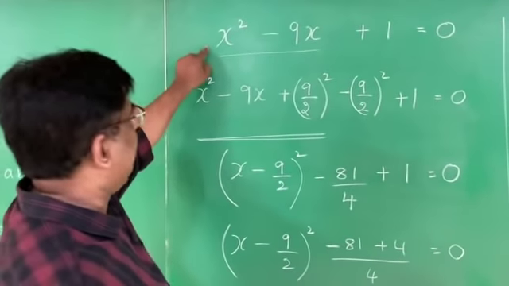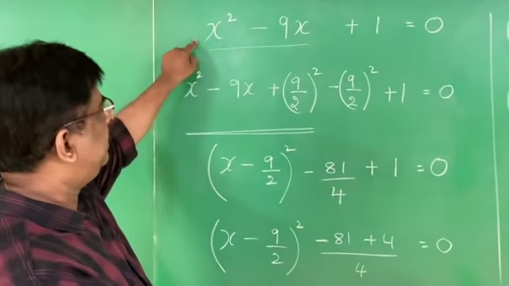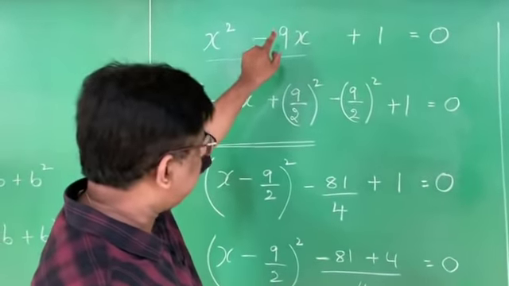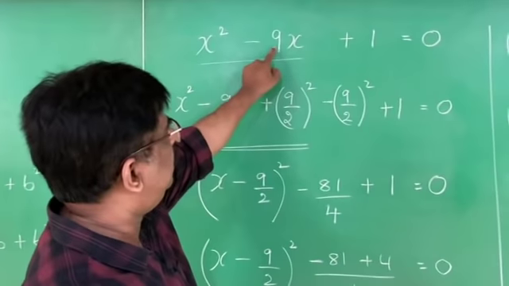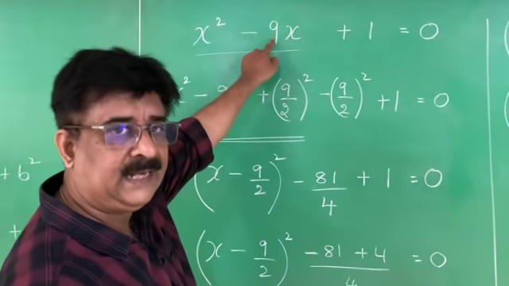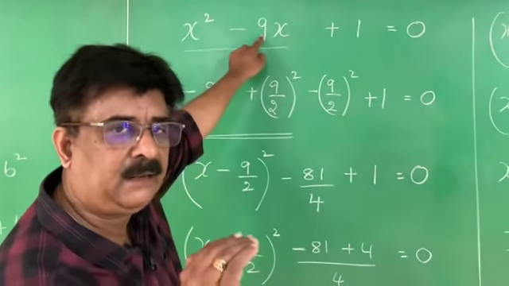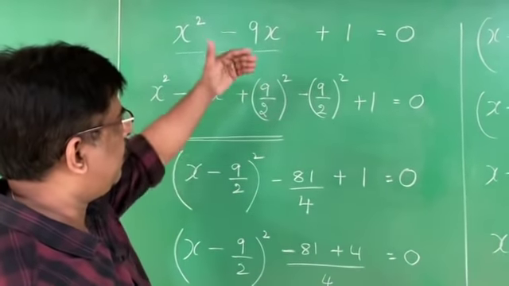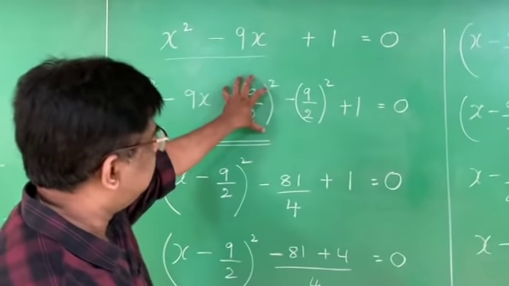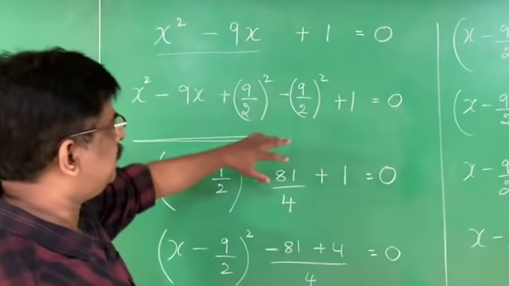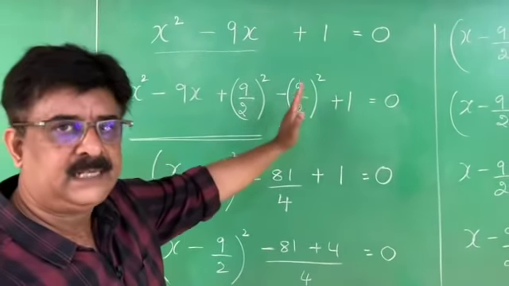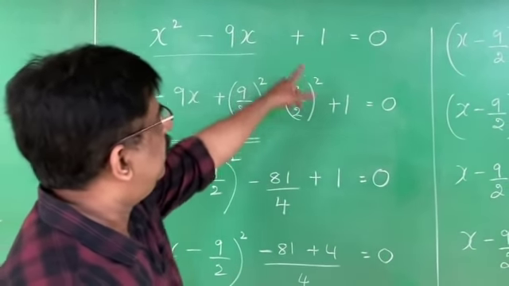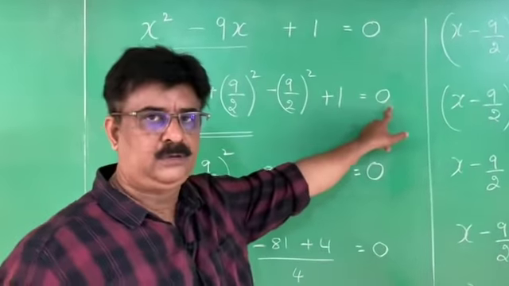If it is 1, then consider the coefficient of the linear term, which is 9. Take half of that number, 9 by 2, square, 9 by 2 whole square. Add once and subtract once. By adding and subtracting, the total value remains the same. 9 by 2 whole square minus 9 by 2 whole square plus the constant is equal to 0.